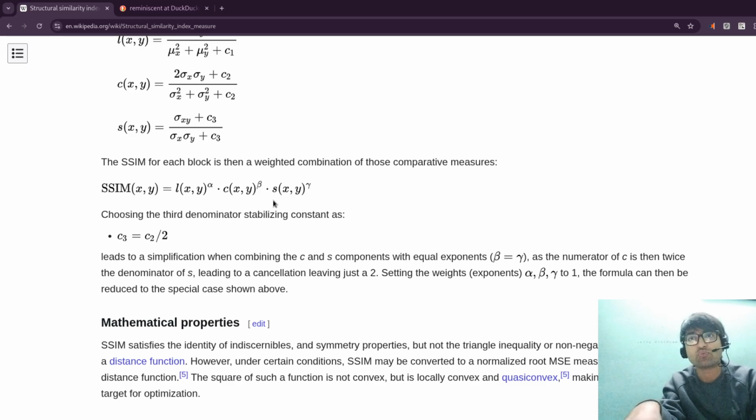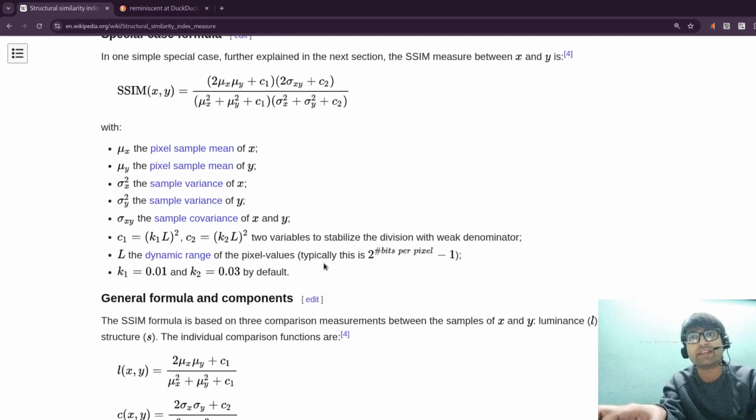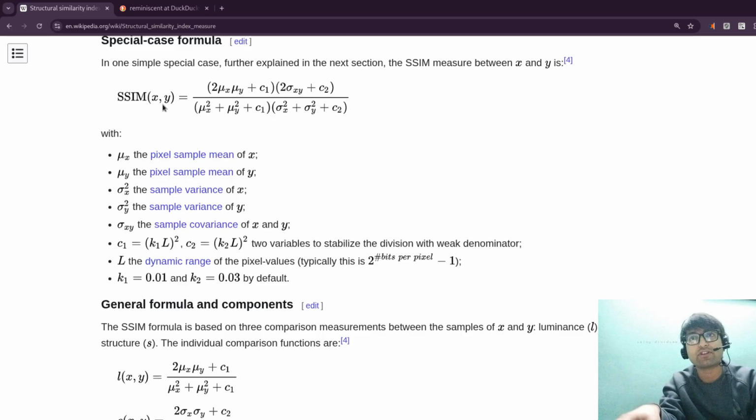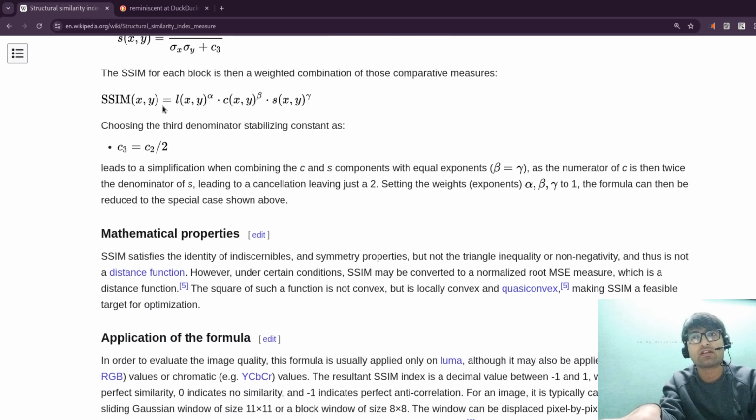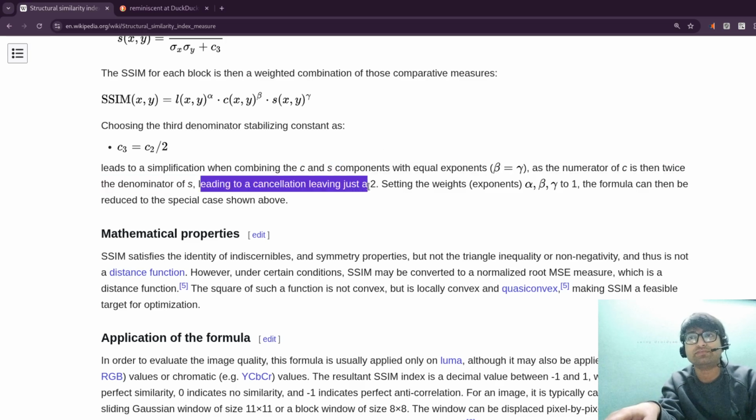So we multiply all the components from the luminance, contrast and structural components, and choosing the third denominator stabilizing constant as c3 equal to c2 divided by 2, we get exactly the same formula as above. This leads to a simplification when combining the c and s components with the exponent beta equal to gamma, as the numerator of c is then twice the denominator of s, leading to the cancellation, leaving just 2.